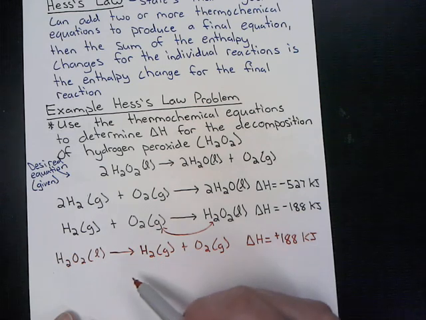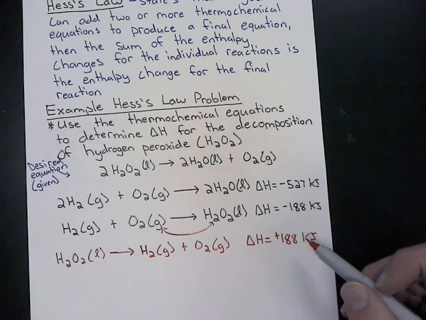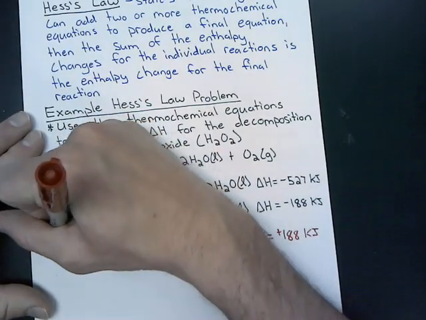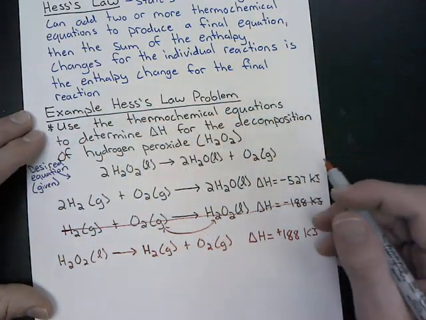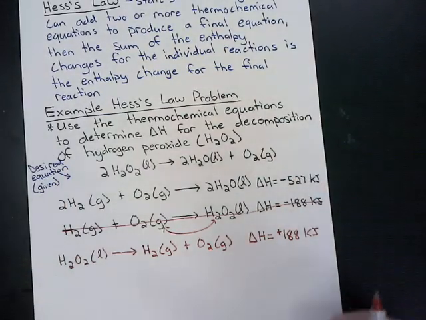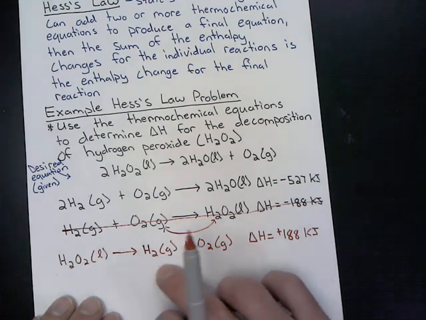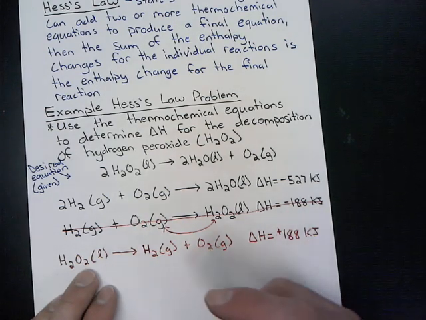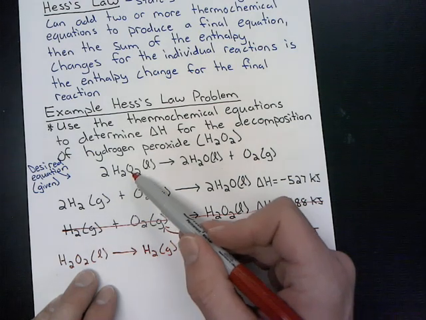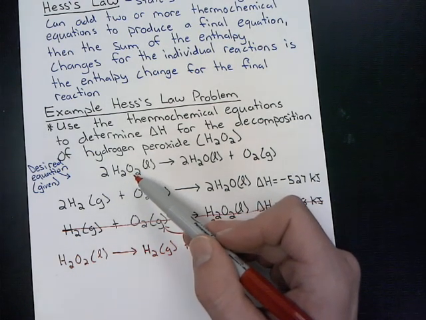Now, once I've rewritten this, what I like to do is cross out the equation that I have used so that I don't confuse myself going forward. So right now we have H2O2 on the left, which matches up exactly how we want it over here with our H2O2.